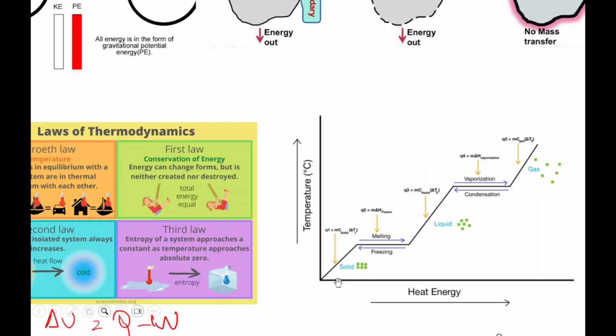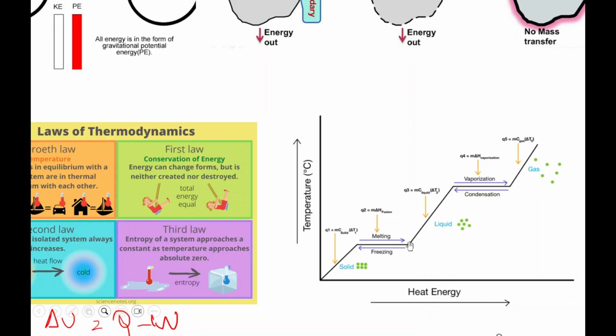So for the solid, when you keep on adding heat energy, this is basically your sensible heat. At a point where it changes phase, the temperature becomes constant, but you keep on adding heat energy, so that is your latent heat. At a constant temperature, whatever heat is being added to the system is basically your latent heat.